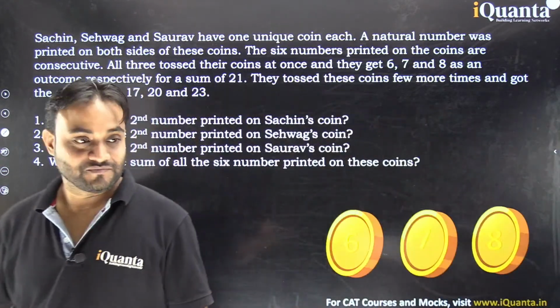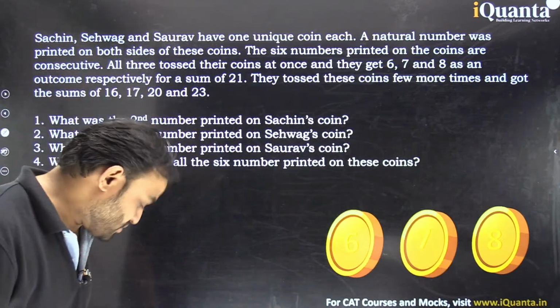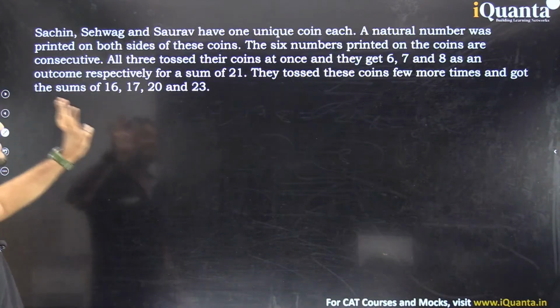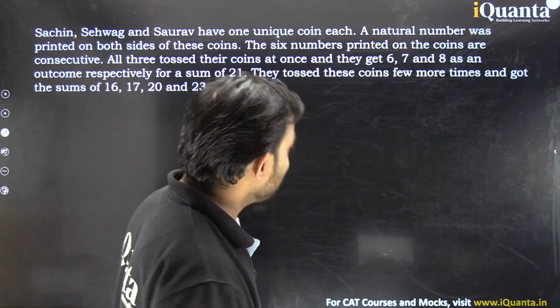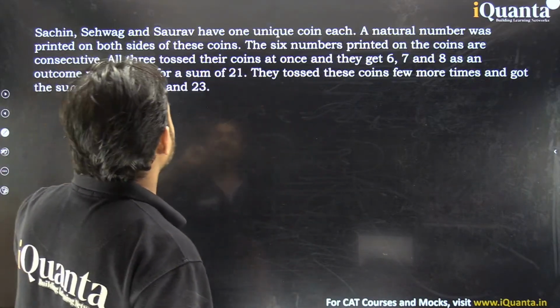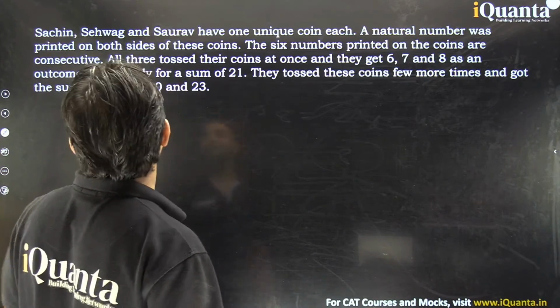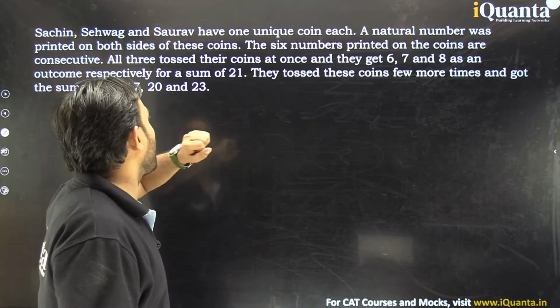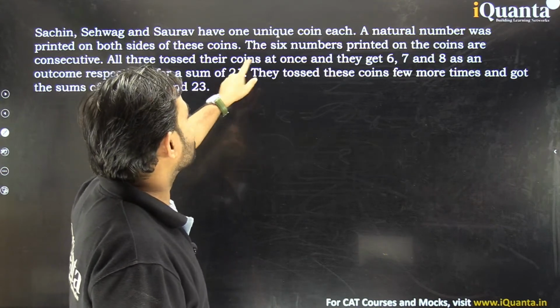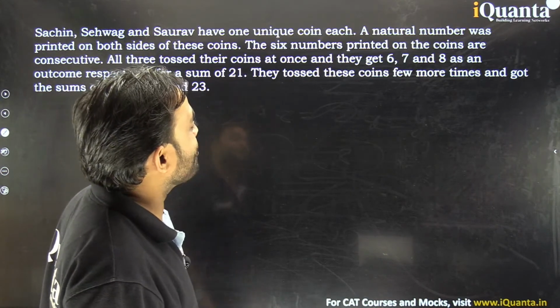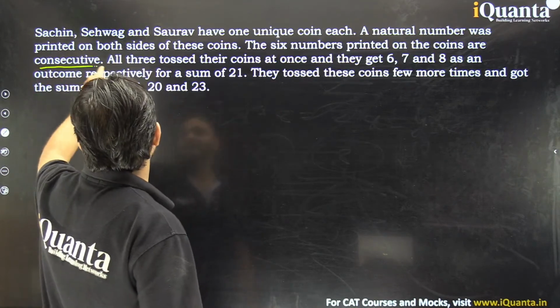All right. So let's solve this question. Interesting one, right? It says Sachin, Sehwag and Saurav have one unique coin each. A natural number was printed on both sides of these coins. The 6 numbers printed on the coins are consecutive.